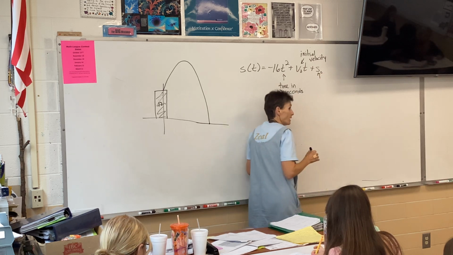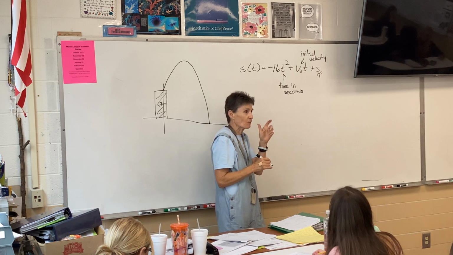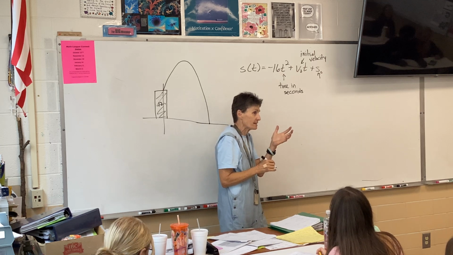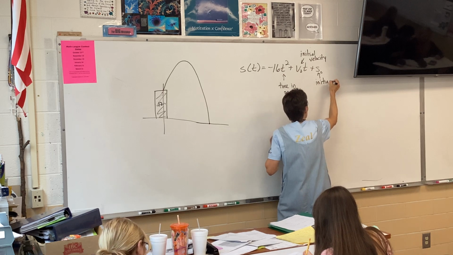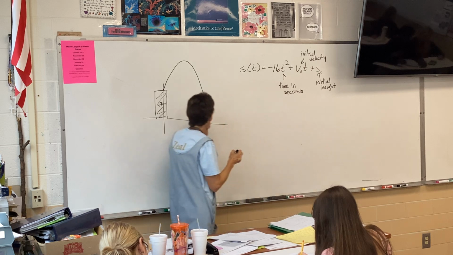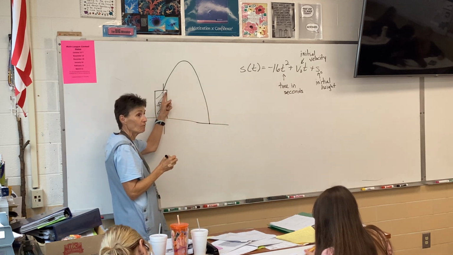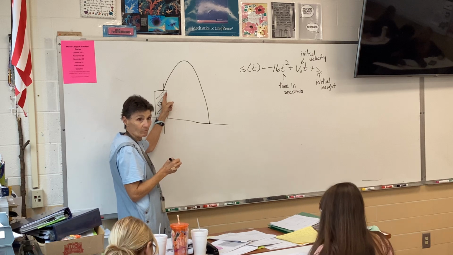S sub naught, S is the letter they use, but it'd be easier if it were H, because it really means the height. S is the initial height. So for our problem, obviously we're throwing the ball from the top of the 12-foot building, so the initial height is 12.